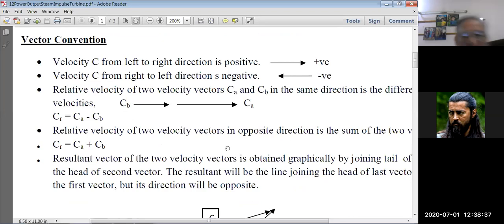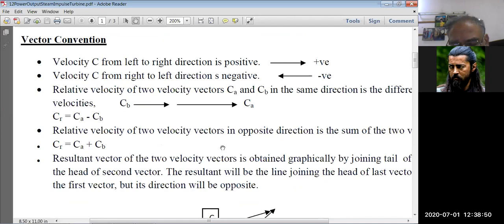This is important because you have to draw in order to design, in order to do numerical problems, and in order to design an actual blade. So you must know how to draw a velocity diagram with pencil and paper and a straight edge, that is a scale, a foot ruler, and a protractor to make an angle.